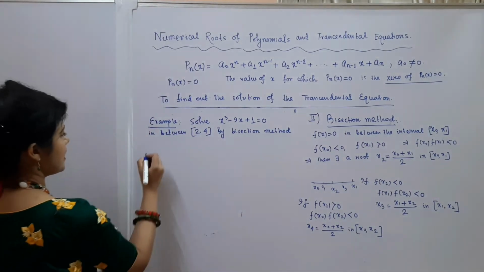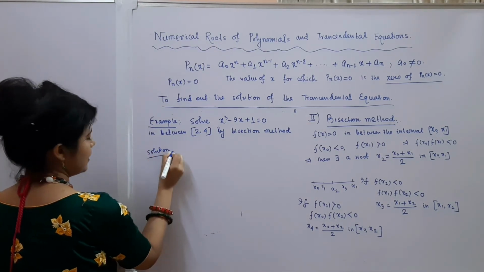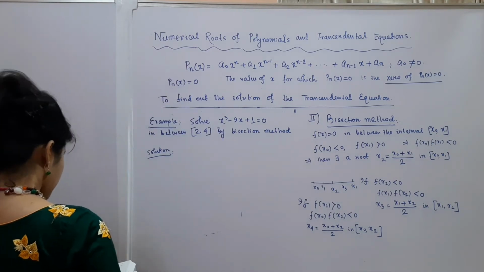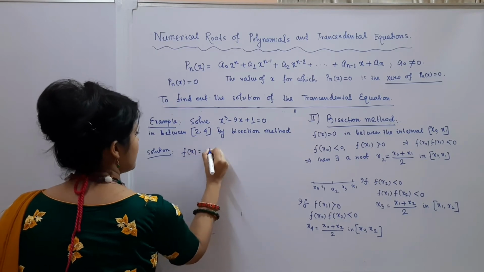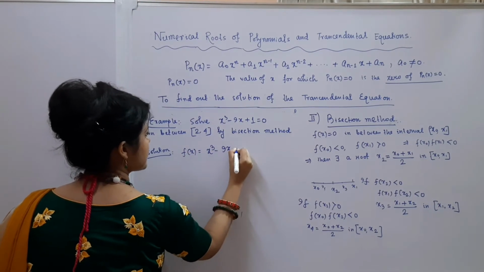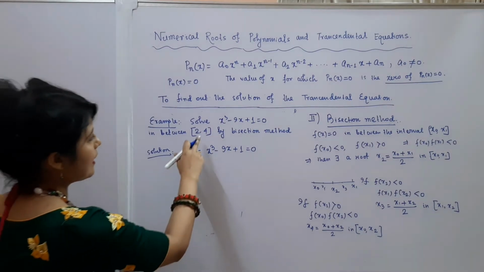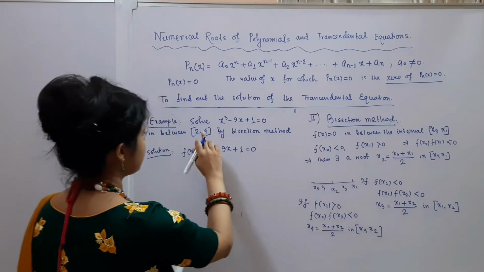So the equation is f of x equal to x cube minus 9x plus 1 equals to 0. So here x0 is 2 and x1 is obviously 4.